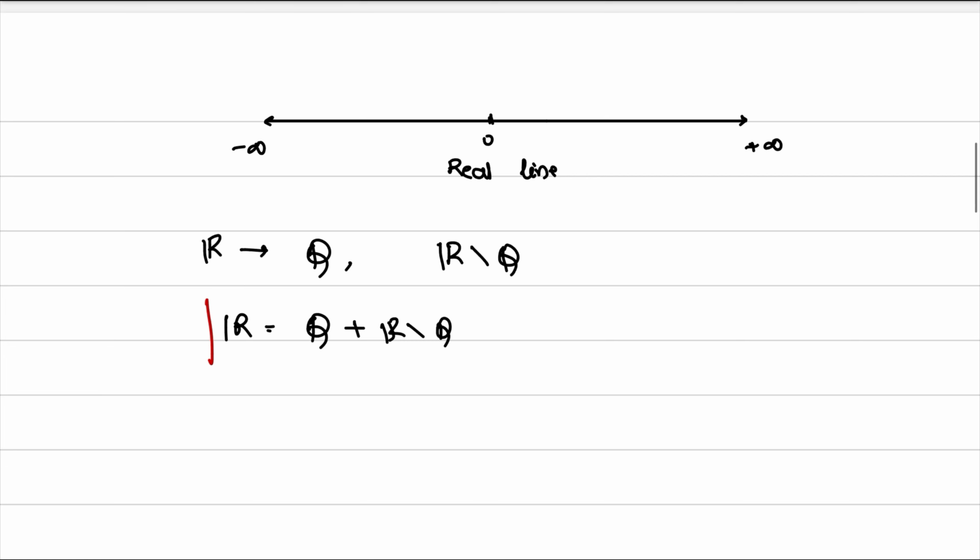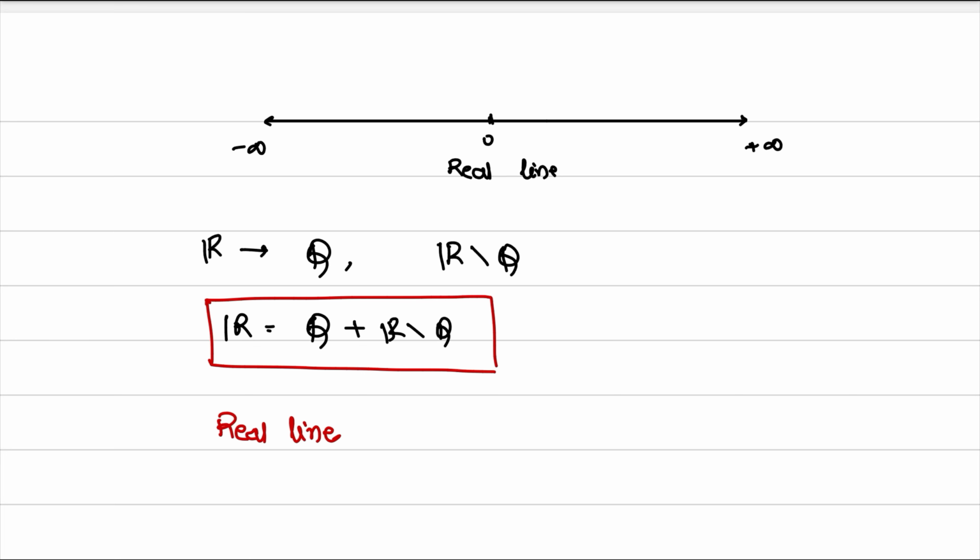You should understand. Please recall your real line concepts which I have explained in the previous examples. Real line consists of rational numbers plus irrational numbers.